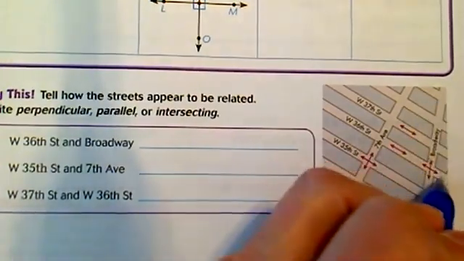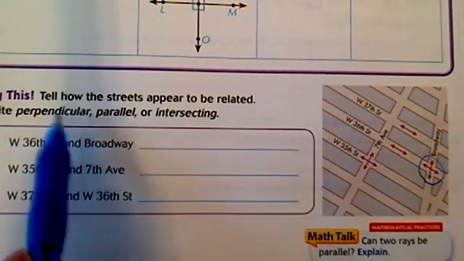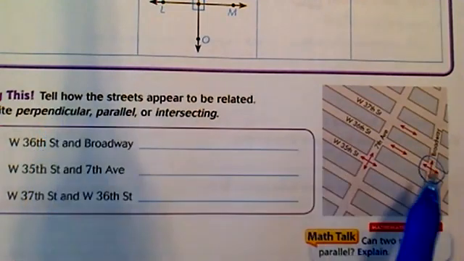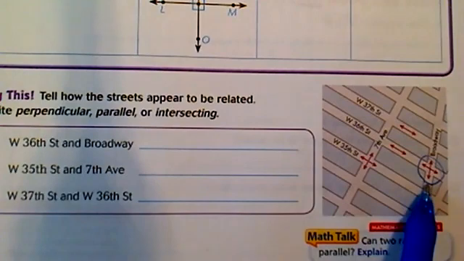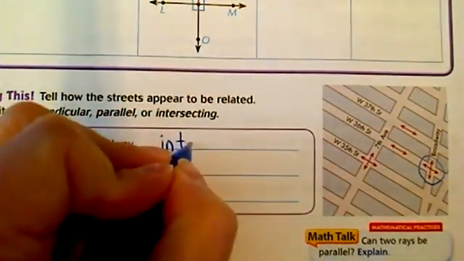So here is where they intersect, but are they just intersecting or are they perpendicular intersecting? Well, these do not appear to be forming right angles. Broadway kind of goes up on an angle itself. So these streets are intersecting.